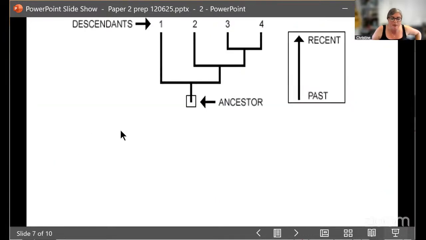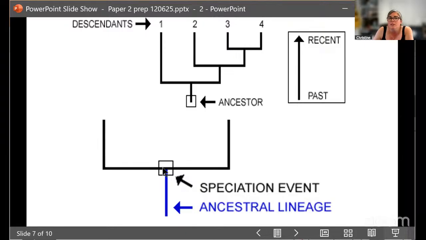Okay. So we were talking before about the phylogenetic tree. You can see the descendants 1, 2, 3, 4 here. You have your ancestor, your past, and the recent. You can see wherever there is a speciation event. What could happen is they could show you there's been some form of speciation event that's occurred at that point there.